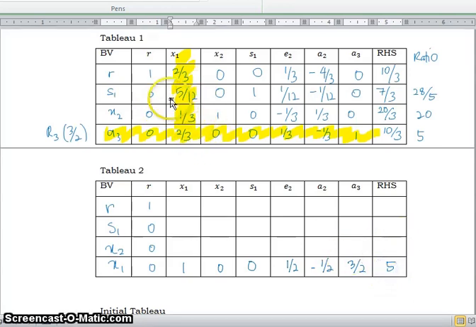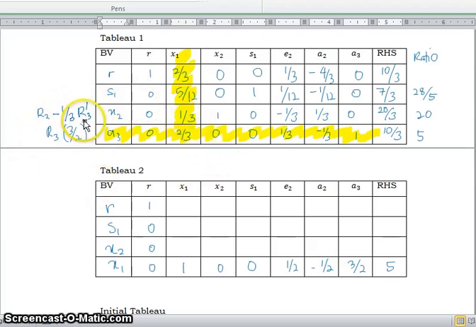Okay, now let's update row 0, 1 and 2. For row 2, the ERO is row 2 minus 1 over 3 row 3, the new row 3.